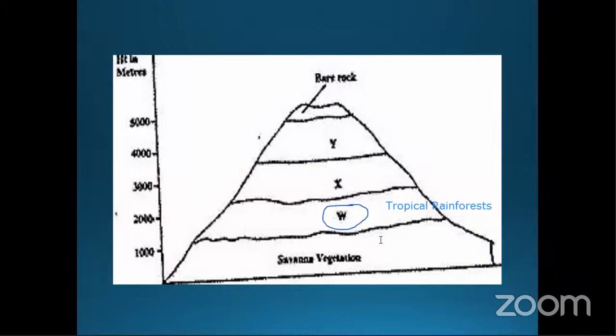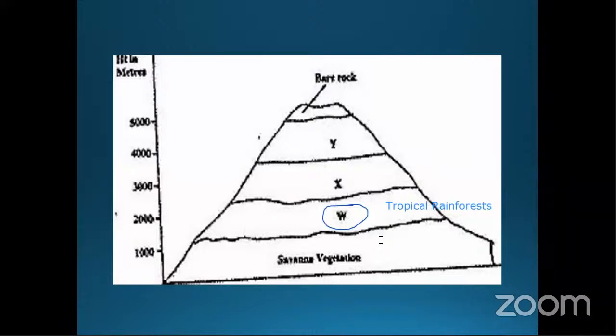What is your name in full? Timothy. Oh, you are Timothy. Yes, Timothy. The answer is bamboo and temperate forests. Yes, very good. This is part X here. We have bamboo and temperate forests.